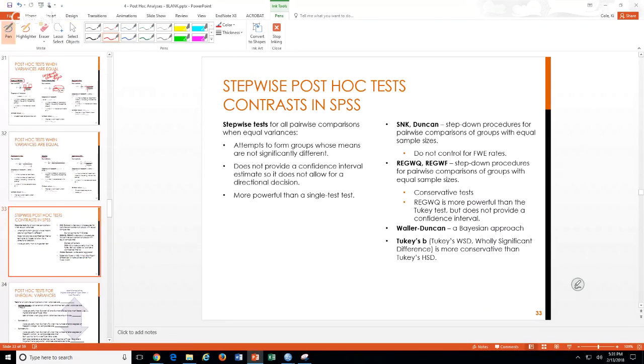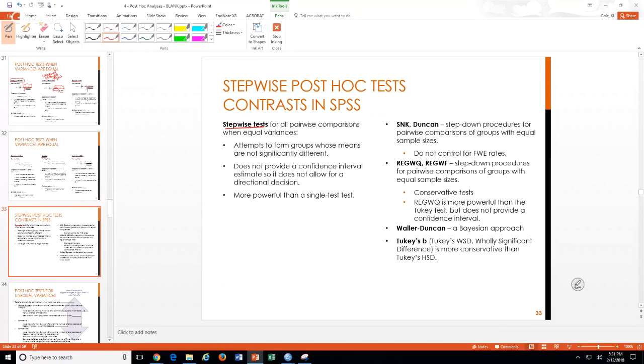Some of the other ones that are listed, instead of single step, are called stepwise tests. So these form groups whose means are not significantly different. Instead of doing a pairwise this to this, this to this, this to this, it looks at them in subgroups and compares their different means.